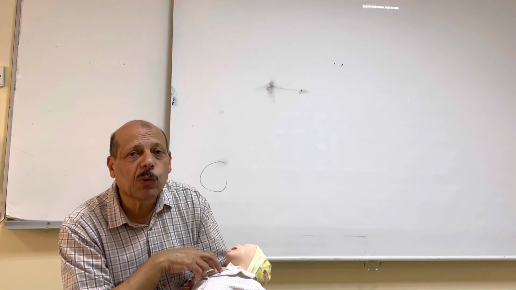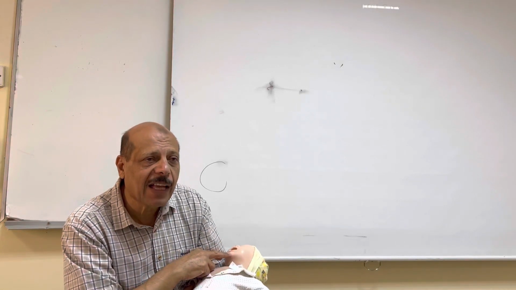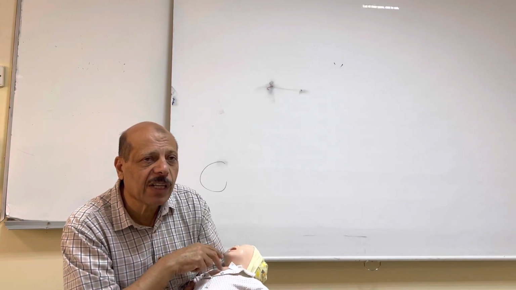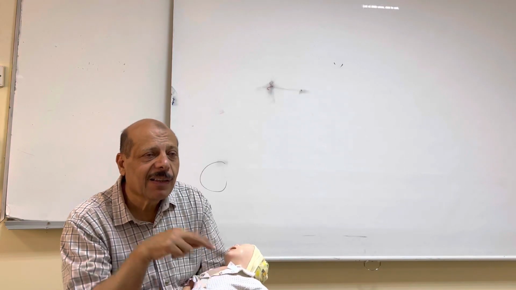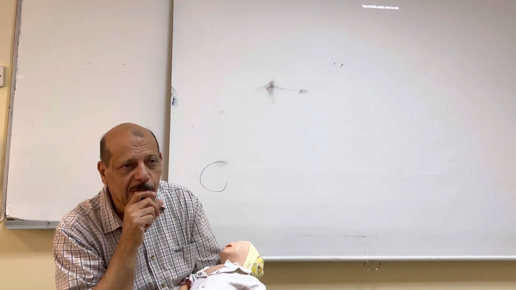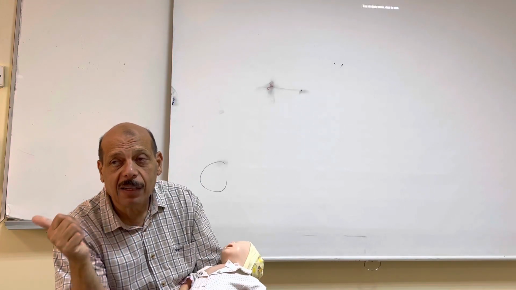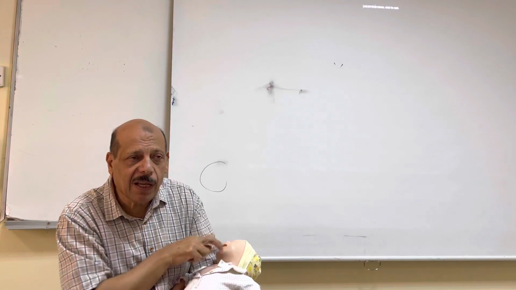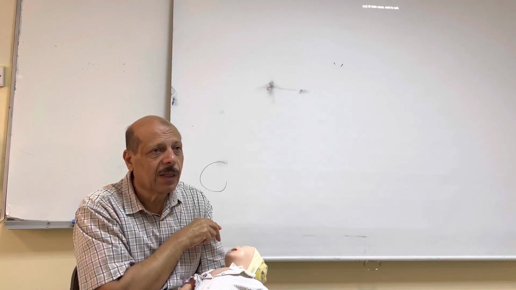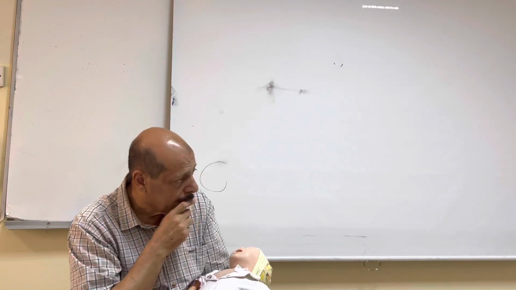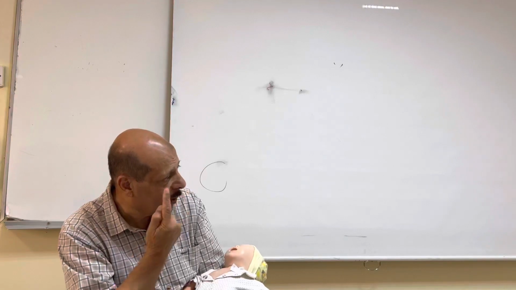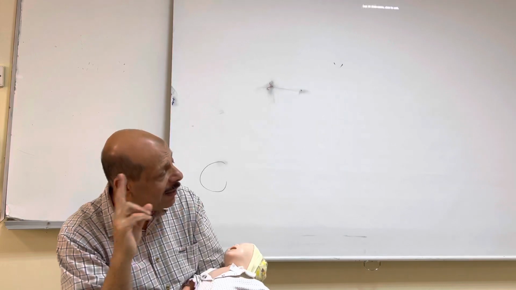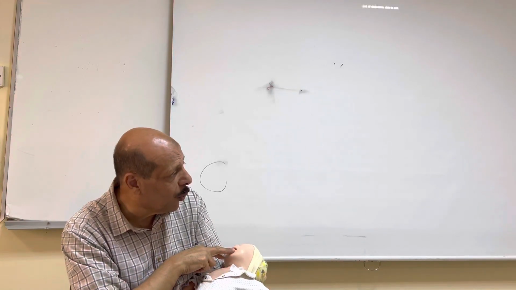What's the ratio between compression and breathing? Heart compression: 30 to 2. So 30 compressions and 2 breaths for each cycle.